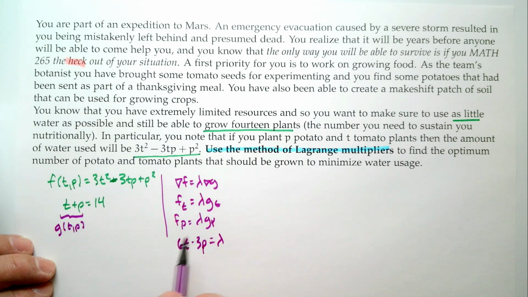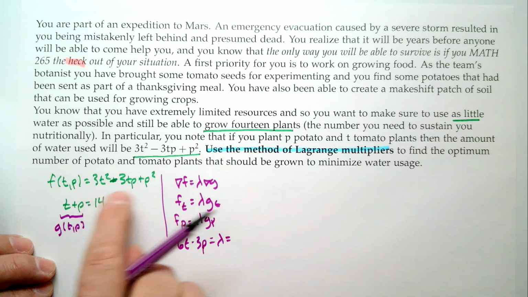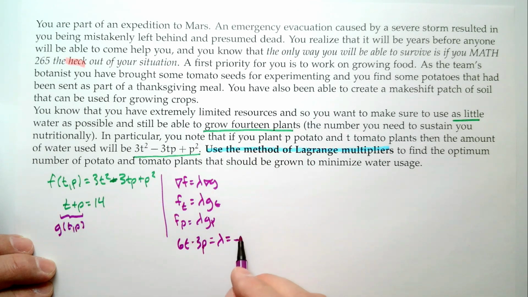But I also get that lambda times g sub p, which is 1, so lambda had also better be equal to f sub p, which is minus 3t plus 2p. And if you move stuff around, you'll discover that you get 9 times t had best equal 5 times p.